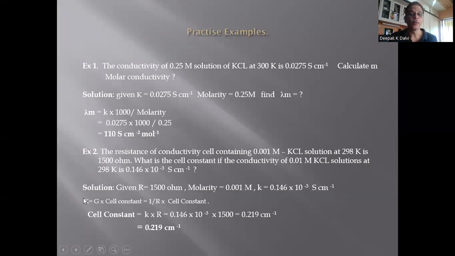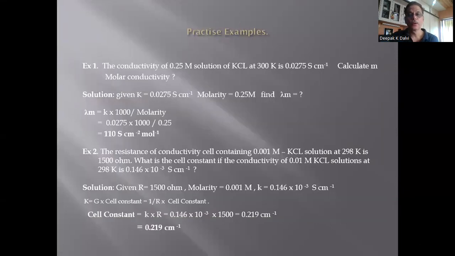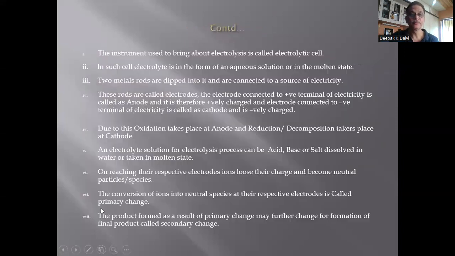When we put G equal to 1 over R, we get G. And when we put G in the standard formula, K is equal to G into cell constant, which we have understood in the previous section.